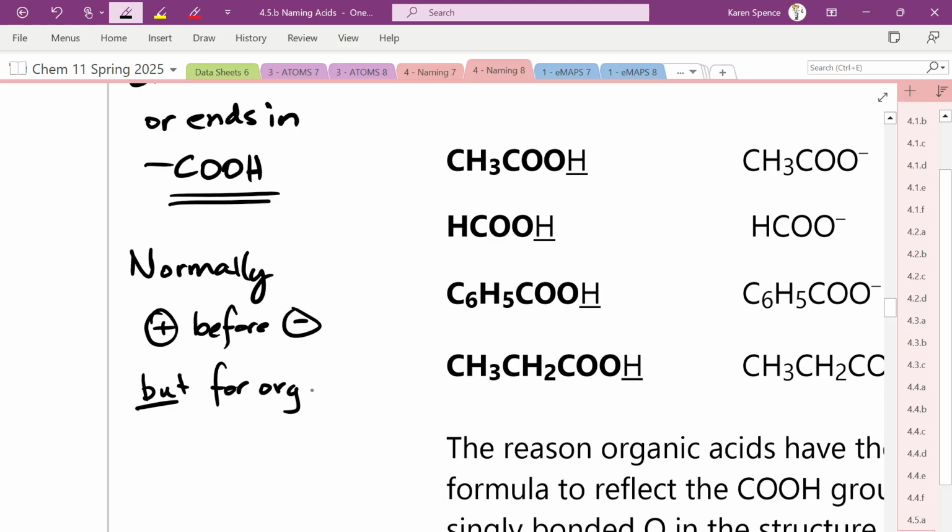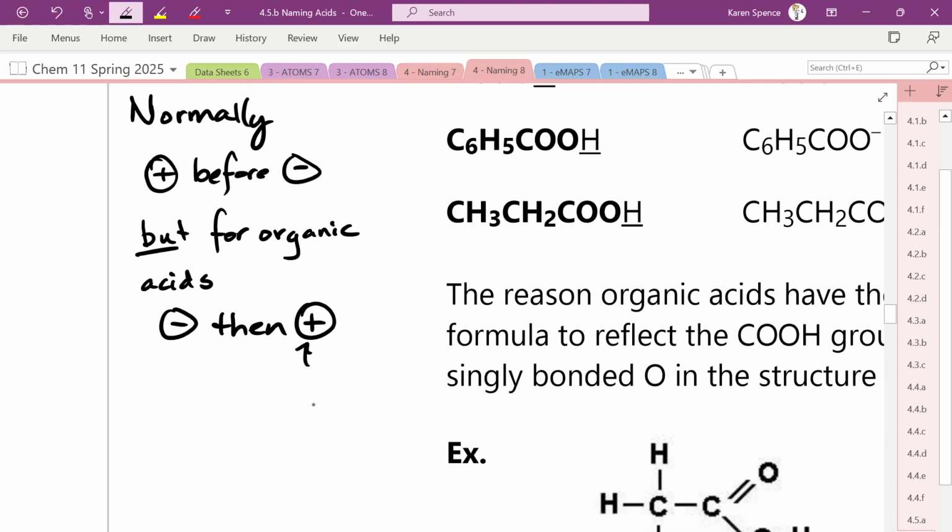It's because of their structure and how we write it to show their structure, okay? And we'll talk about why a little bit just after we've gone through how, okay? But for organic acids, it's the negative then the positive. And the positive in this case will be the hydrogen ion, okay?